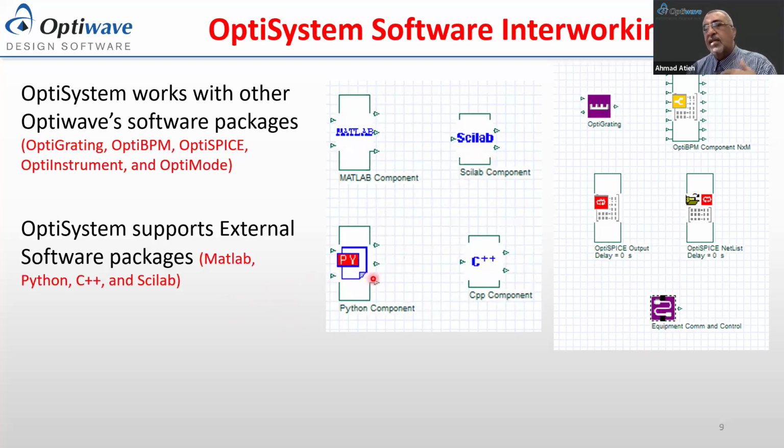So users can actually write their own codes and use them within the OptiSystem software, or they can call OptiSystem from these packages. Like you can call OptiSystem from Python or from MATLAB, and then you run OptiSystem, and then you get the results of OptiSystem, and then continue in the software package you have.